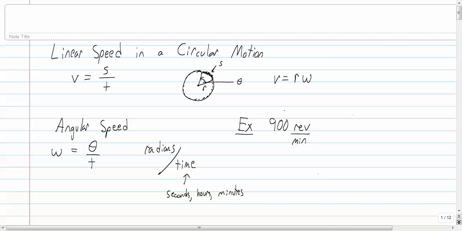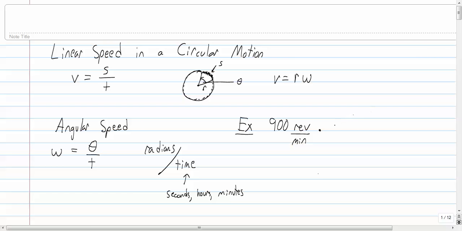The way that we would want to write this angular speed, we wouldn't want to leave it 900 revolutions per minute. Okay. We could rewrite this by using a conversion, so that this will be radians per minute.